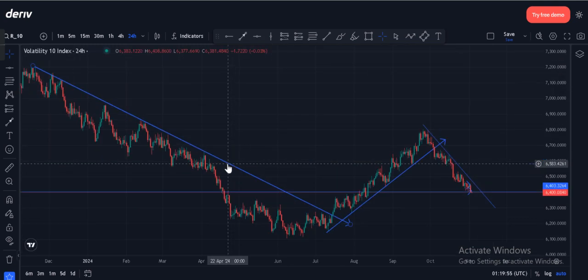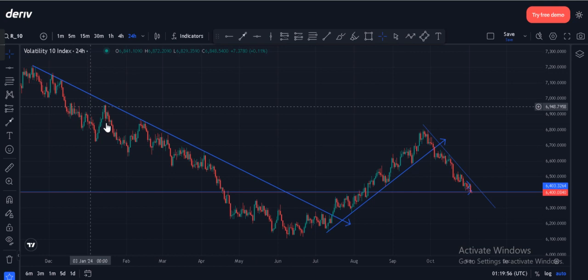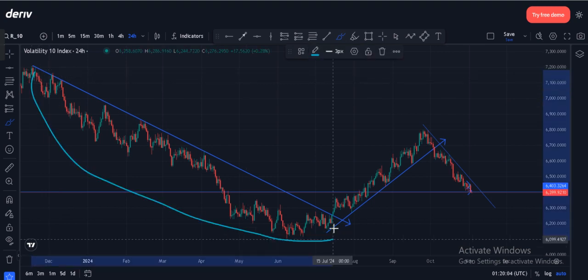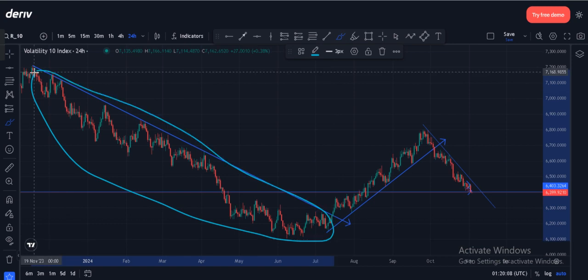So first of all, let me explain. This shows us that market was on a downtrend, meaning that all of these levels here are downtrending zones in the market.